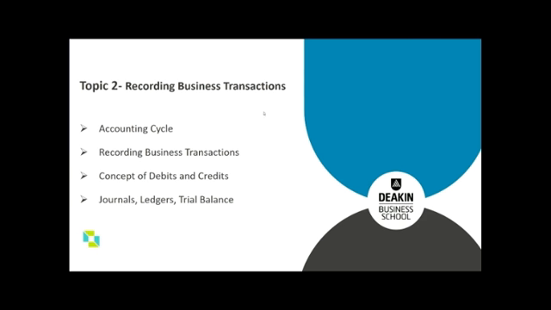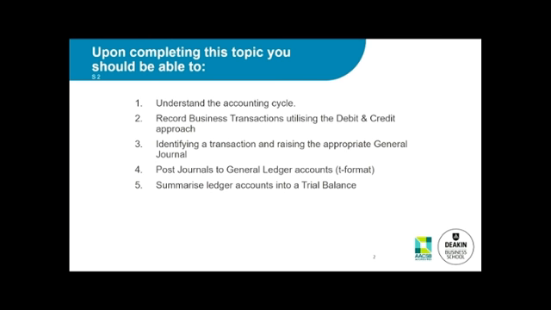So tonight we'll be looking at the recording of business transactions, including the accounting cycle, debits and credits, and ledgers, journals, and the trial balance. These are the things that you should be able to come to grips with after completing this topic.